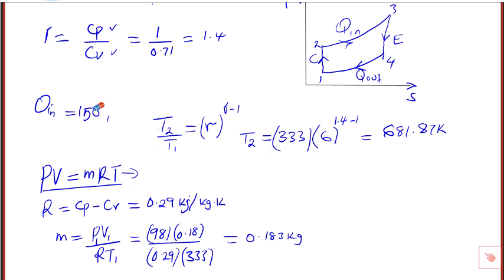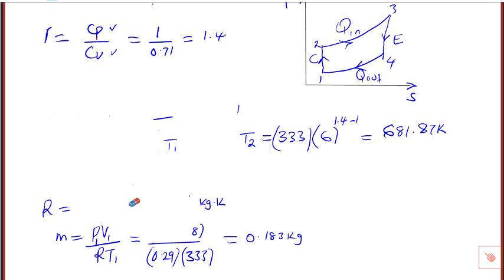Now let's proceed. What else can we now find? We can try and find P2 because we already have P1.